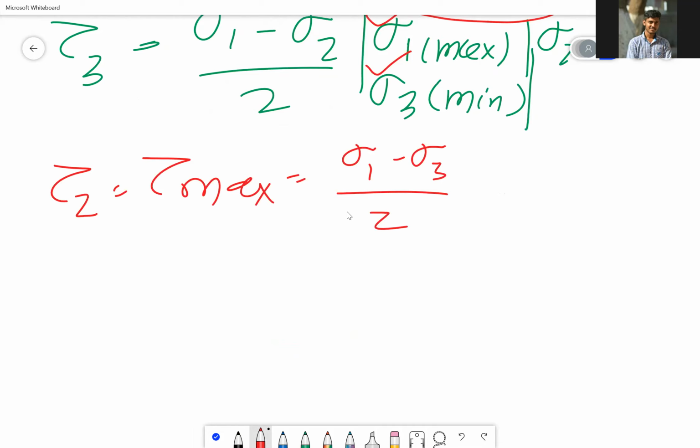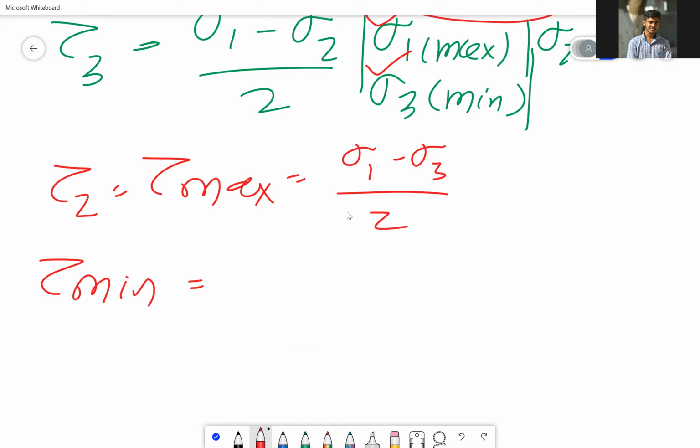Similarly, which one is the minimum shear stress? The one where the difference is lower, sigma 2 minus sigma 3. So in that format, we will calculate the maximum and minimum values of the shear stress.